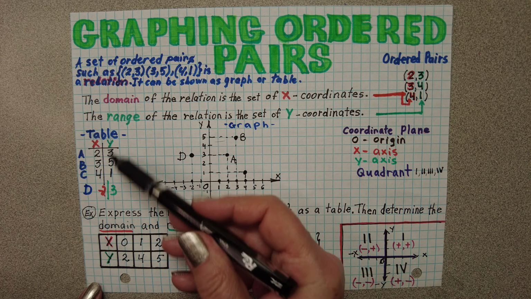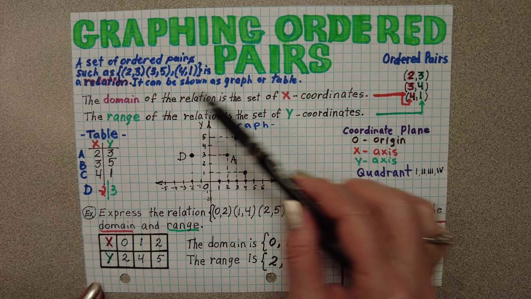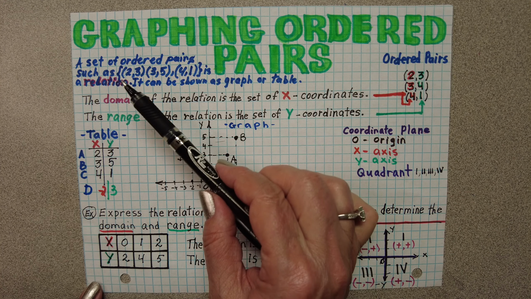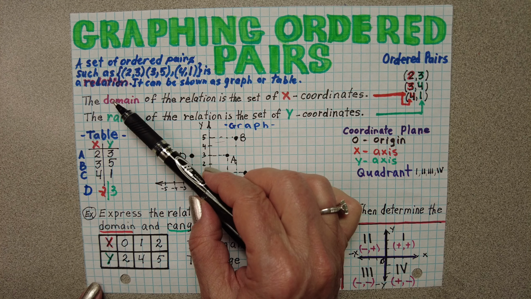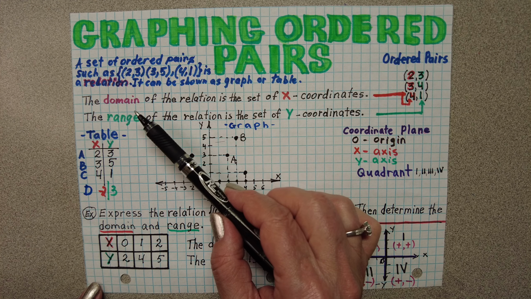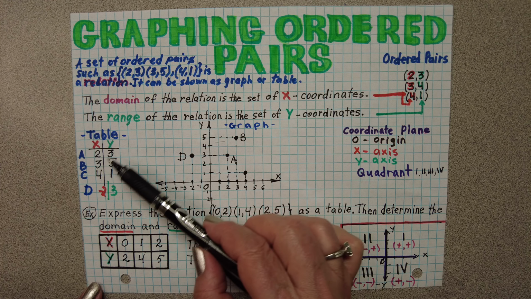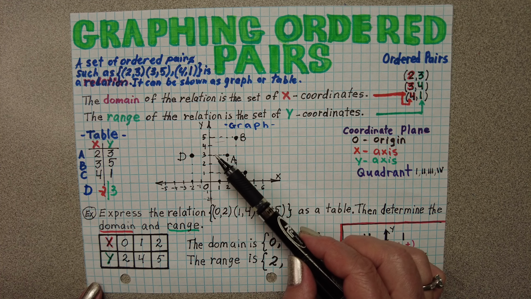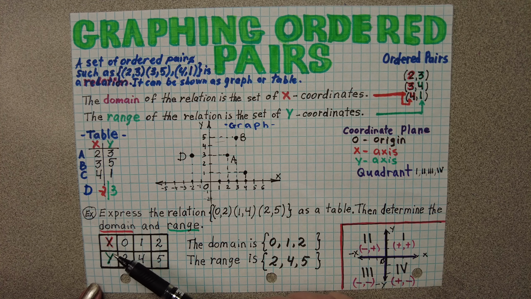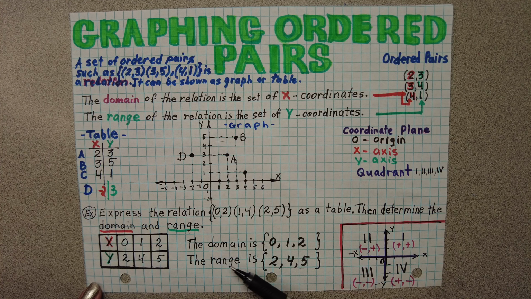So this is the way we show the relationship, which is relation, between domain and range. How do we put the points, ordered pairs, on the graph, on the coordinate plane, and how we find domain and range from the relation.